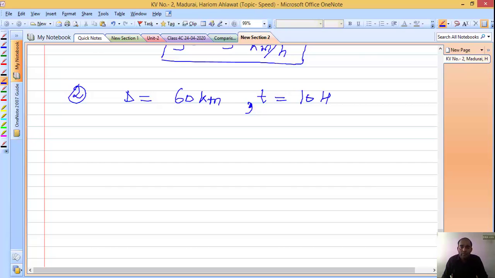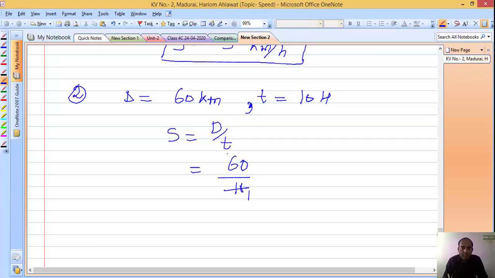So one person is covering a distance of 60 kilometer in 10 hours. What is the speed? Okay, we know the formula. Speed equals distance upon time. What is the distance? 60. What is the time? 10.